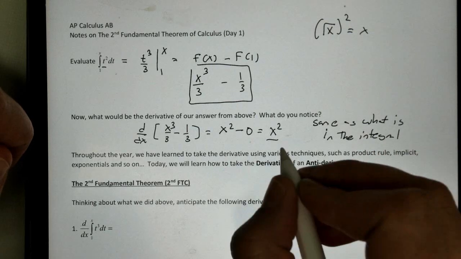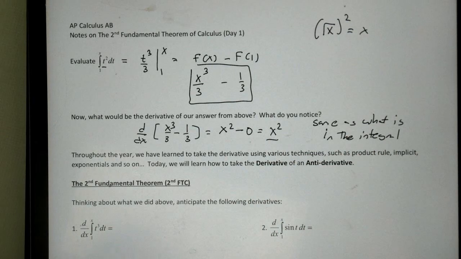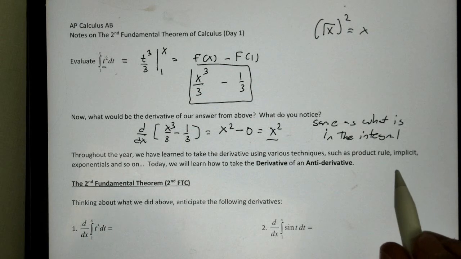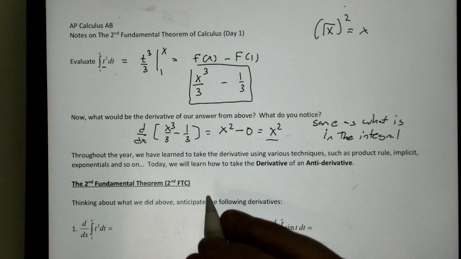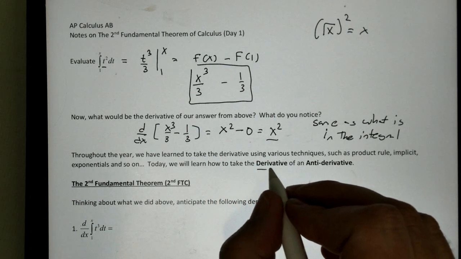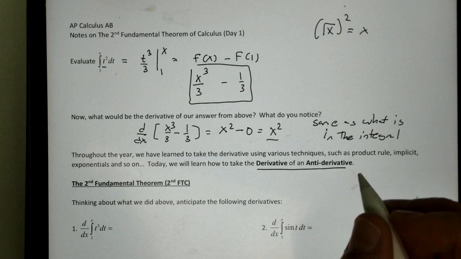And that's really kind of big for us. This is what we call the second fundamental theorem. Throughout the year, we have learned to take the derivative using various techniques, such as product rule, implicit, exponentials, and so on. Today, we're going to learn how to take the derivative of an integral or an antiderivative.